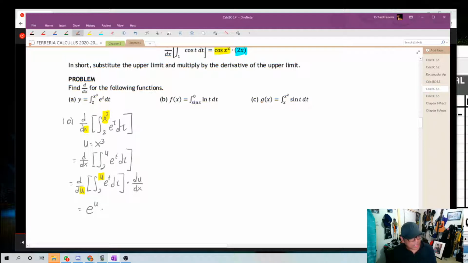And then du dx is 3x squared. So when I make my final substitution, u is the same thing as x cubed, I get 3x squared multiplied by e to the x cubed power. There we go. Not that bad. I don't think it's that bad. Definitely a little more into it than the previous ones we did.